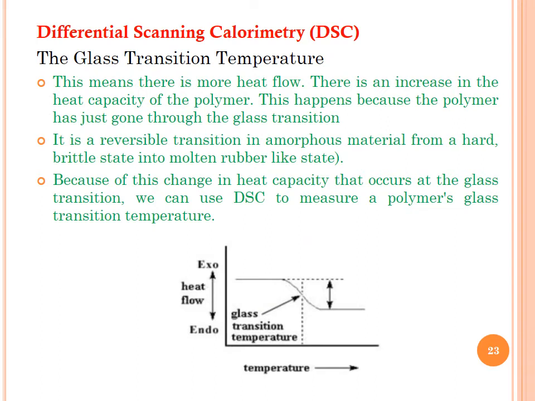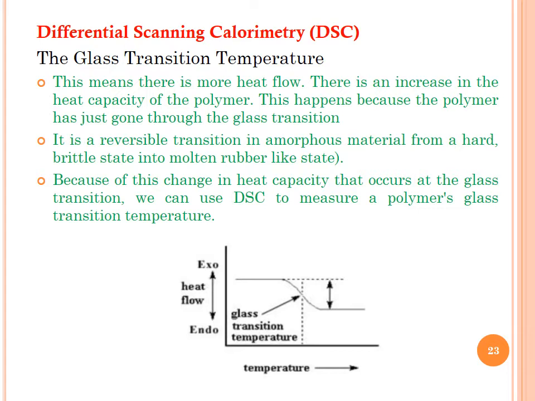By using DSC, we can determine the glass transition temperature of polymers. This means there is more heat flow. There is an increase in the heat capacity of the polymer. This happens because the polymer has just gone through the glass transition. Now everybody is familiar with the glass transition.